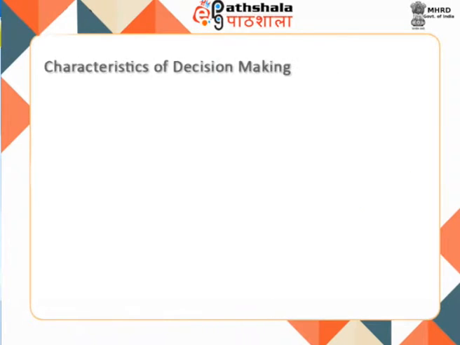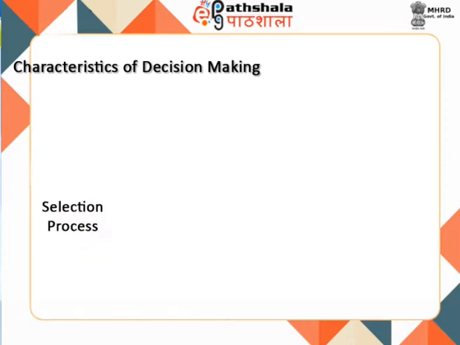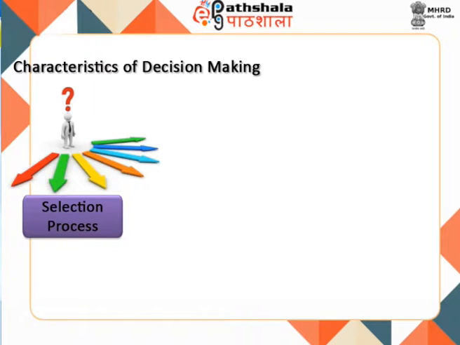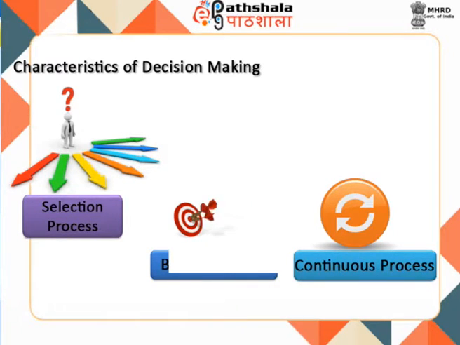Let us now discuss the basic characteristics of decision making. Decision making is a selection process. It is a selection of the best alternative out of various available alternatives. Decision making is based on the goals of the organization. It is a continuous process because each and every task of the organization continuously involves decision making.